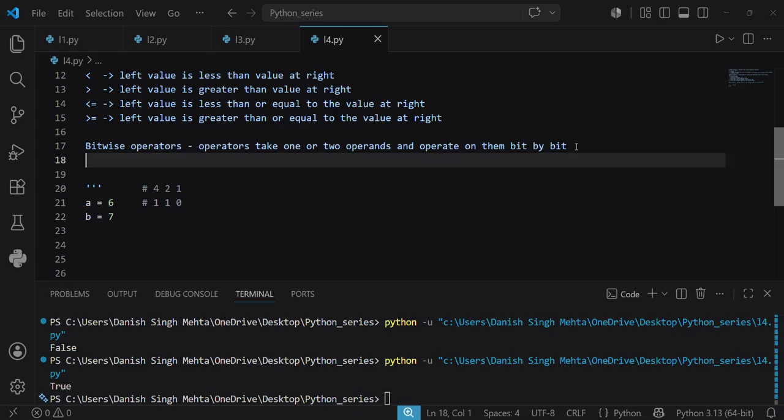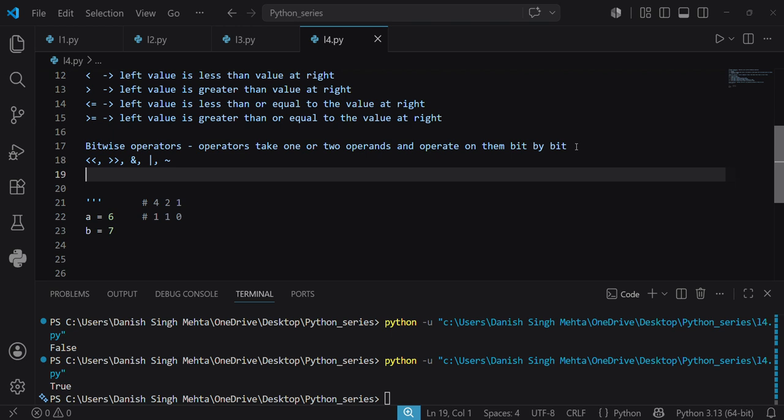So what are the bitwise operators? First we have left shift, then right shift, then AND operator, then OR operator, then NOT operator.